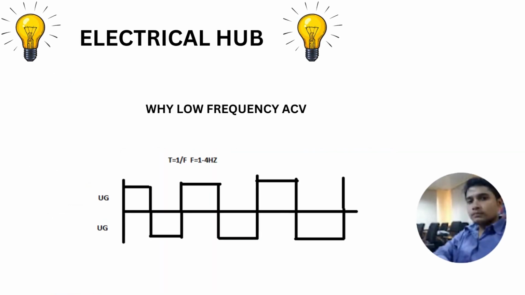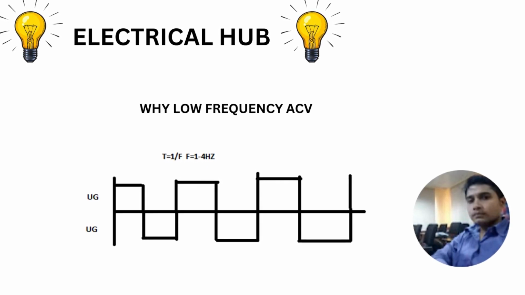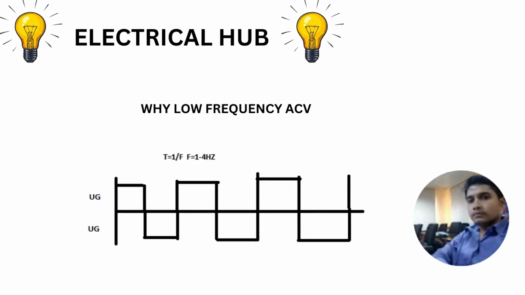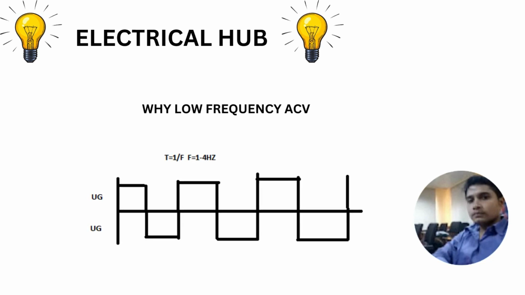From the measured voltage UM, it will calculate the insulation resistance, and if it is lower than the setting, it will trip. Now the question comes, why the low frequency AC voltage? Because if we inject a higher frequency AC voltage, it will get superimposed and it will not be completely capacitive, and the rotor earth fault relay will sense a fault and trip.